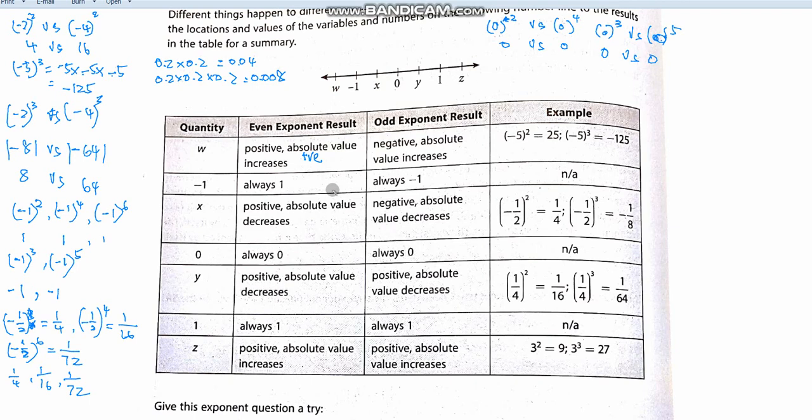Now, y. y is a number in between 0 and 1. Okay, 0 to 1. For example, 2 over 5, 3 over 5, 2 over 3.